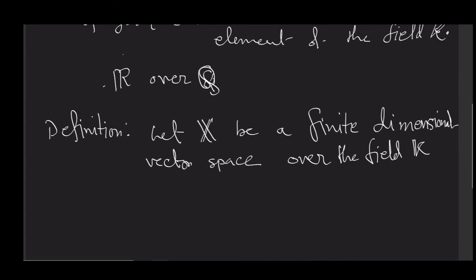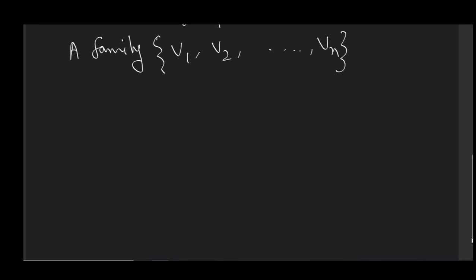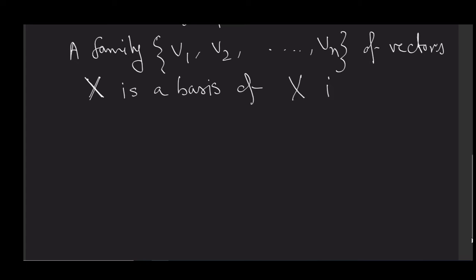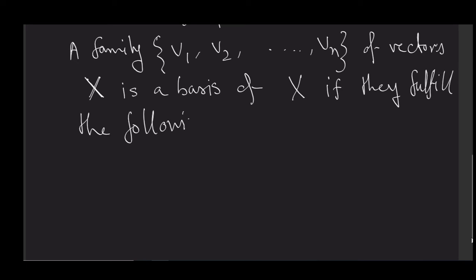Now over the field K, what we can write is that a family that comprises v1, v2, all these are vectors, is a basis of X if they fulfill the following two conditions.